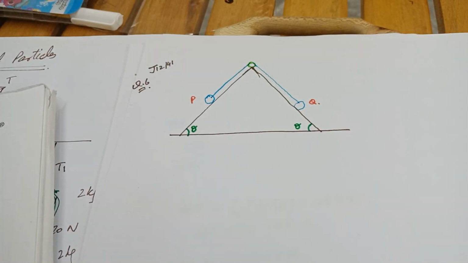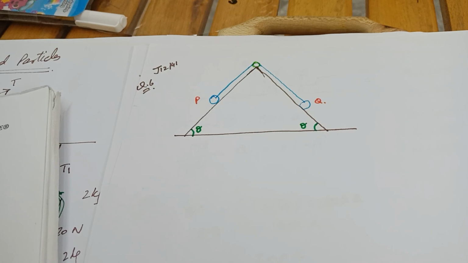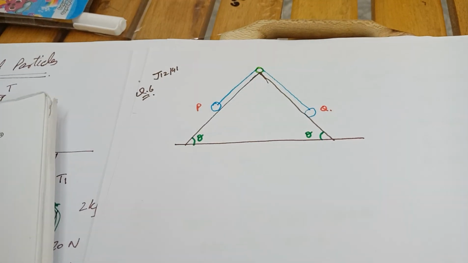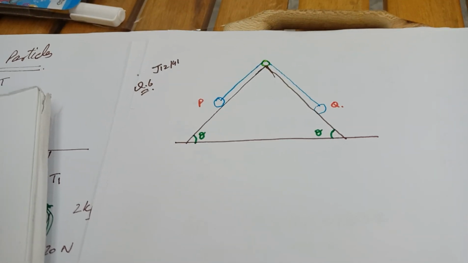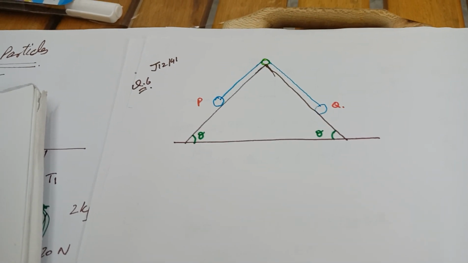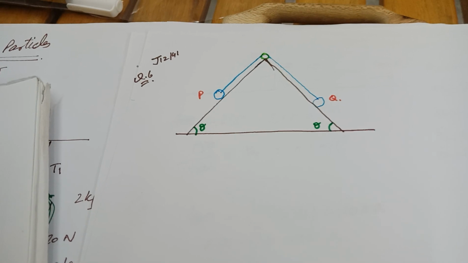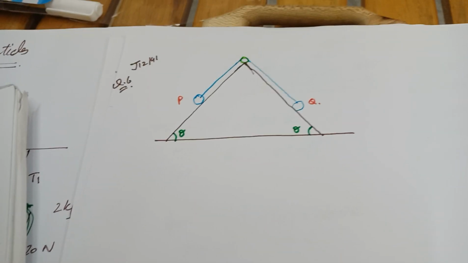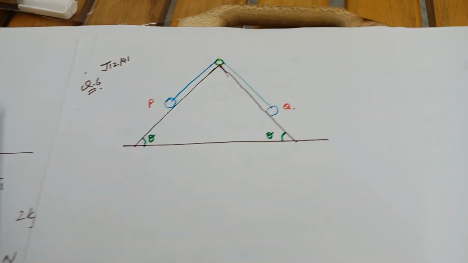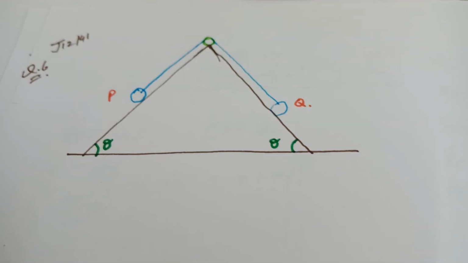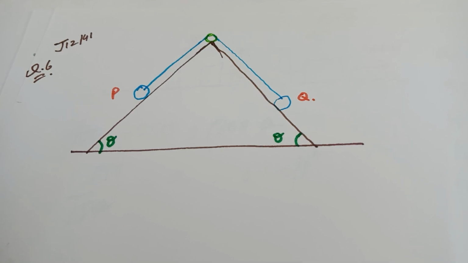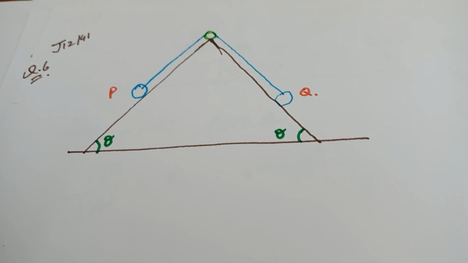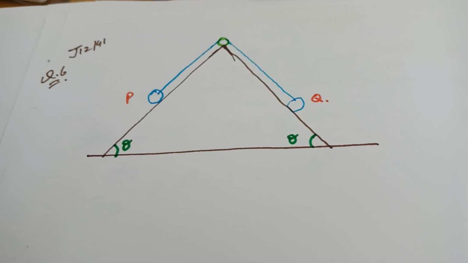I am here with another complicated question on this connected particles thing. One of my students asked me to solve this question. What is different from my previous videos, what is special in this question, is that while these particles are moving, connected through a string, there comes a stage when the string becomes slack.